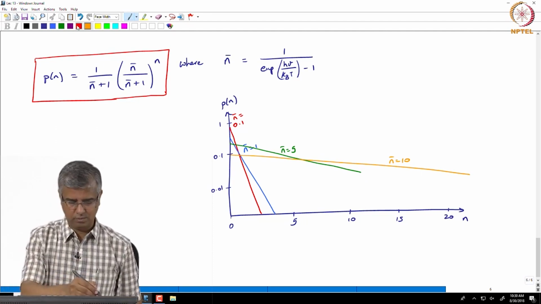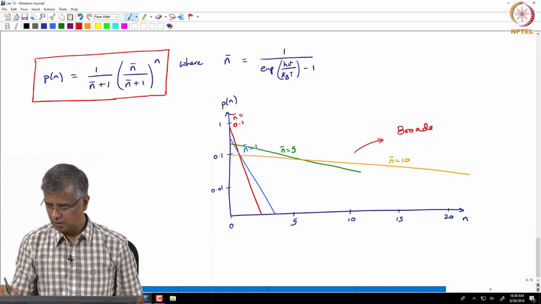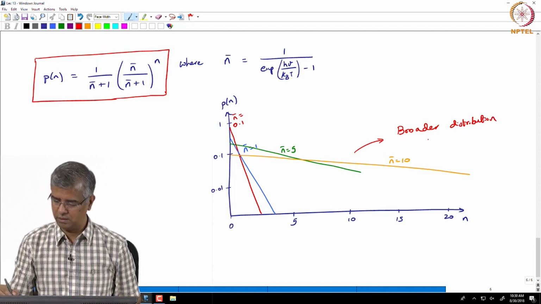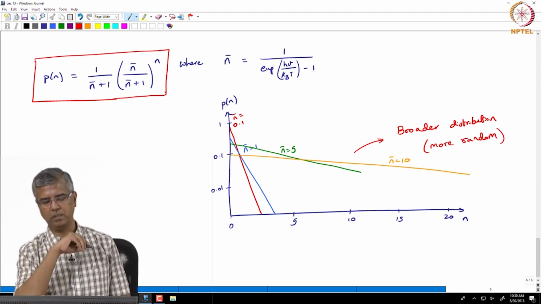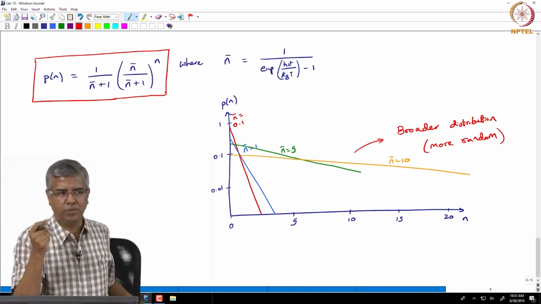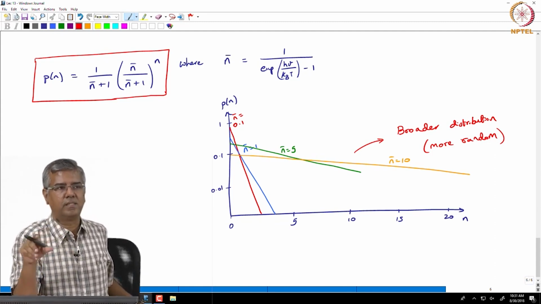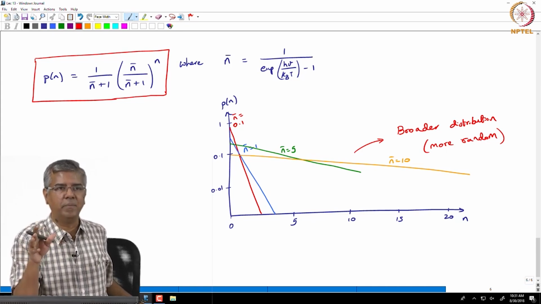So the key point is there's a broader distribution, or in another case, more random emission is what we are talking about. So what we are saying is that emission, first of all, you cannot say at this point this many photons are getting emitted, right.